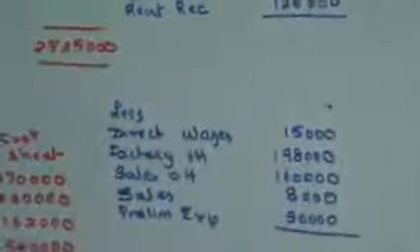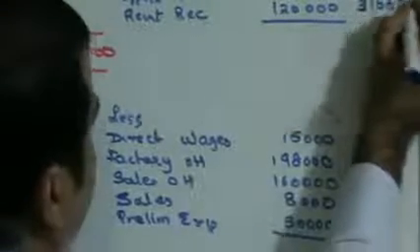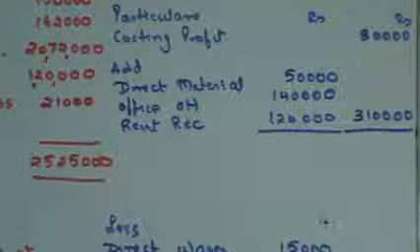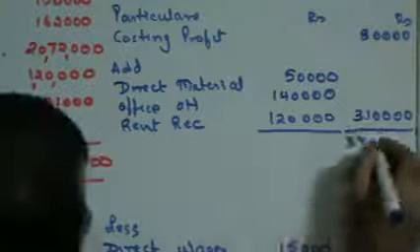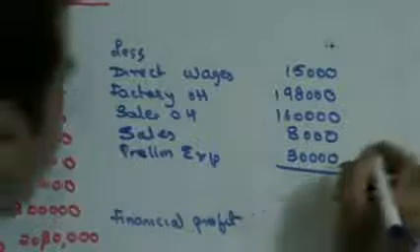Right? Now 1,20,000 plus 1,40,000 plus 50,000 will give you 3,10,000. Right? 80,000 plus 3,10,000, sorry, 3,90,000. Right? Then 15 plus 198 plus 160 plus 8,000 plus 30,000 will give you 4,11,000.